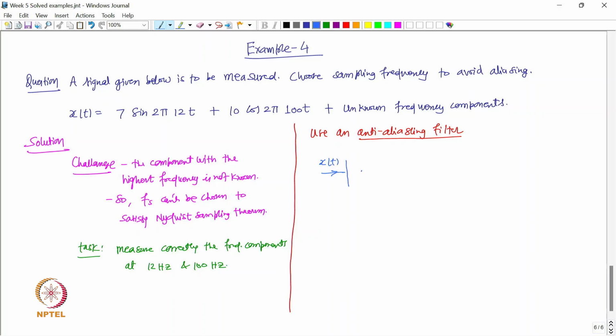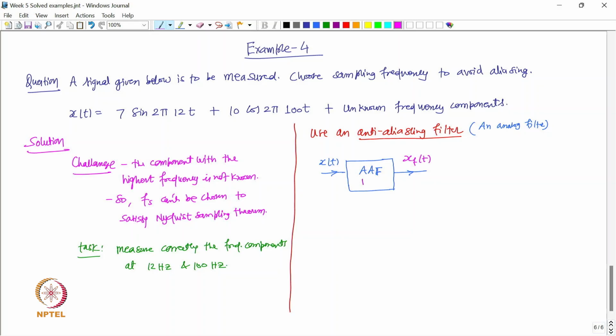This anti-aliasing filter is an analog filter, which means it works on a continuous signal. It does not work on a discrete signal. It gives an analog output, the filtered signal, which we are going to call x_F(t).